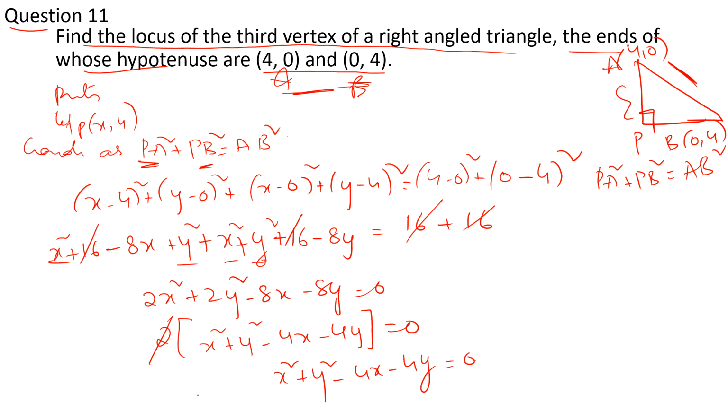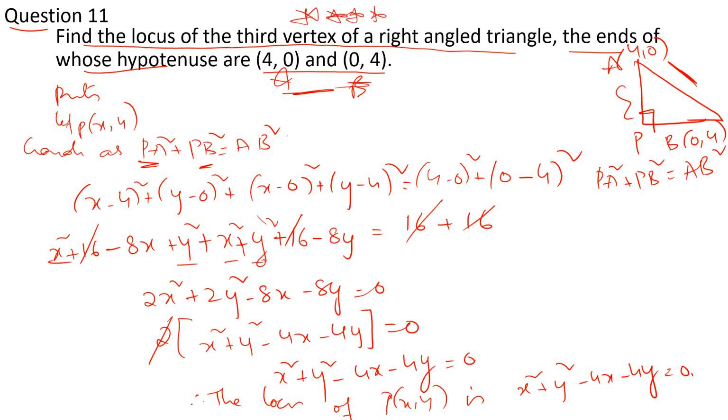Therefore, the locus of P(x, y) is x square plus y square minus 4x minus 4y is equals to 0. And this is also one of the important problems. All are important only, so don't forget.